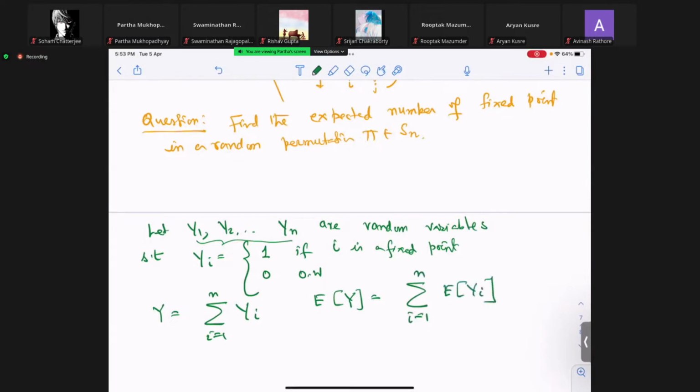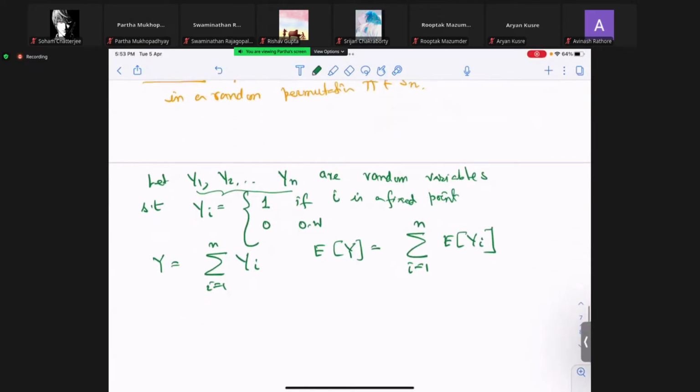Now it is very simple. What is the expected value of yi? 1 by n. Exactly. Expected value of y1 is like 1 goes to 1 and the rest can be permuted, n minus 1 factorial, divided by n factorial, so 1 by n. It's quite surprising, a very simple argument.